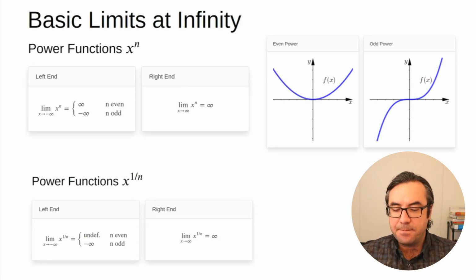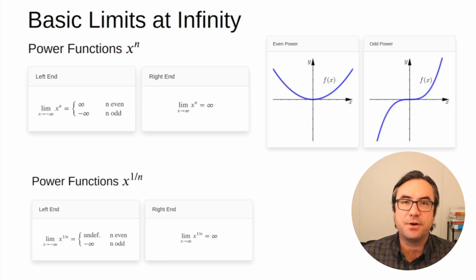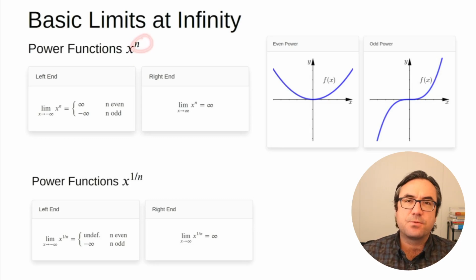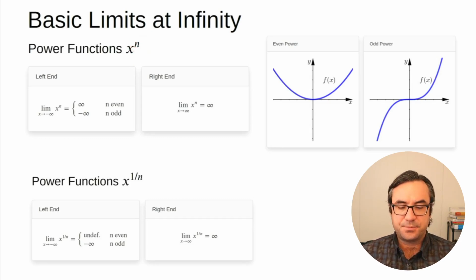So the first case, power functions x raised to the power n, where n is a positive integer: 1, 2, 3, etc. There are different behaviors based on whether the exponent is an even or odd power.